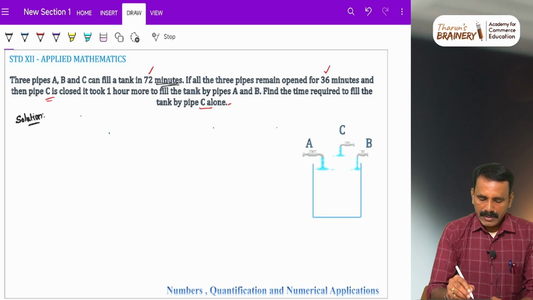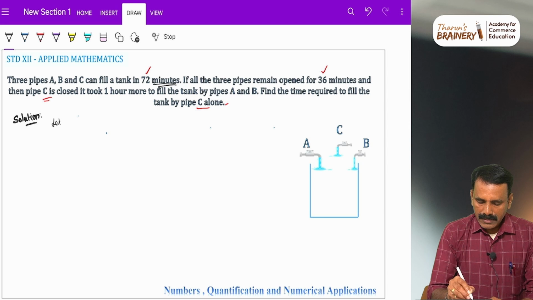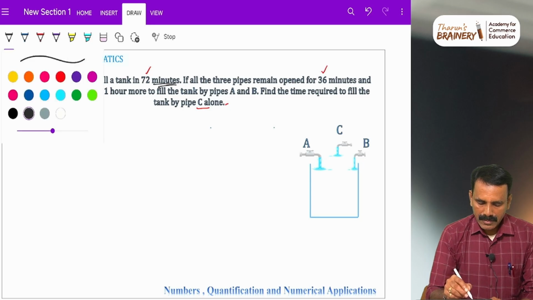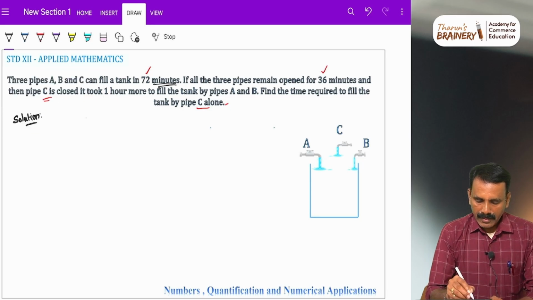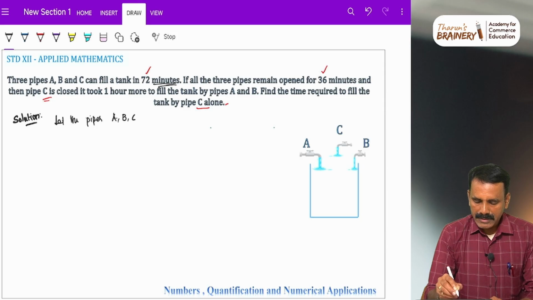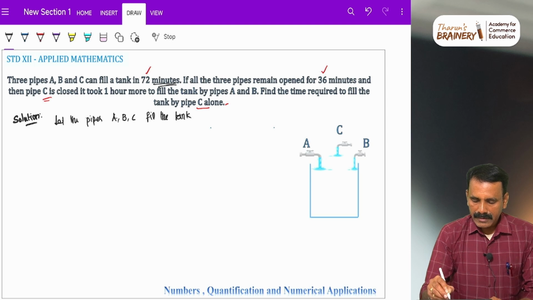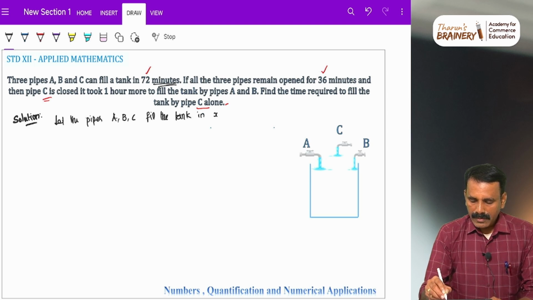So we assume, let the pipes A, B, C fill the tank in x minutes, y minutes and z minutes respectively.